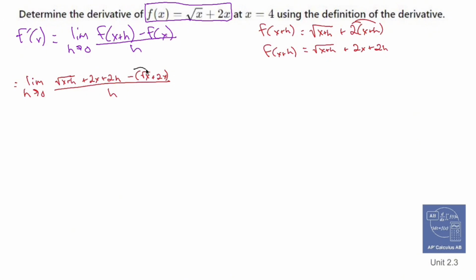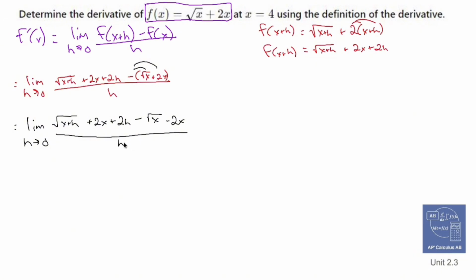First off, we can distribute that negative right there. And we get the limit as h approaches 0 of, nothing changes yet, root x plus h plus 2x plus 2h, but then we can do minus root x minus 2x, and that's going to all be over h.